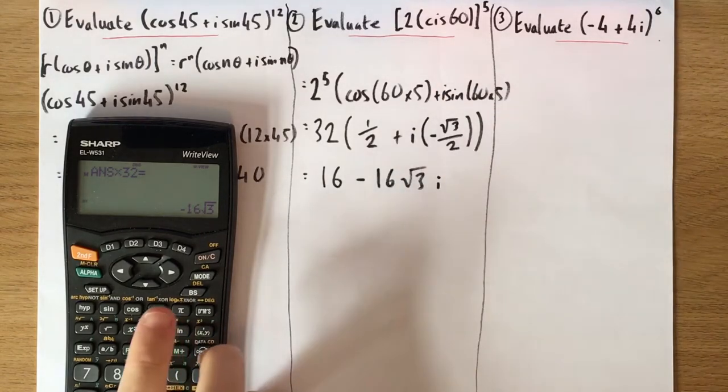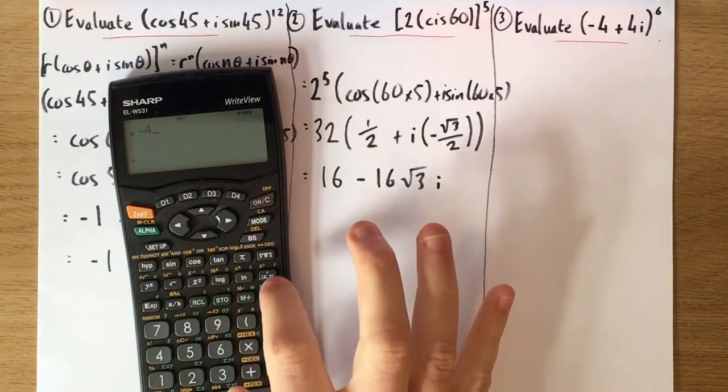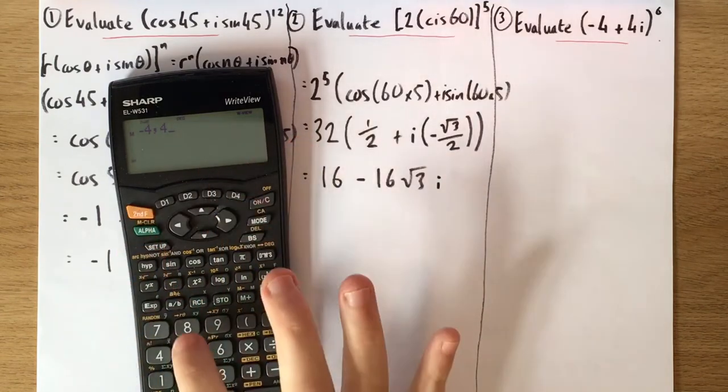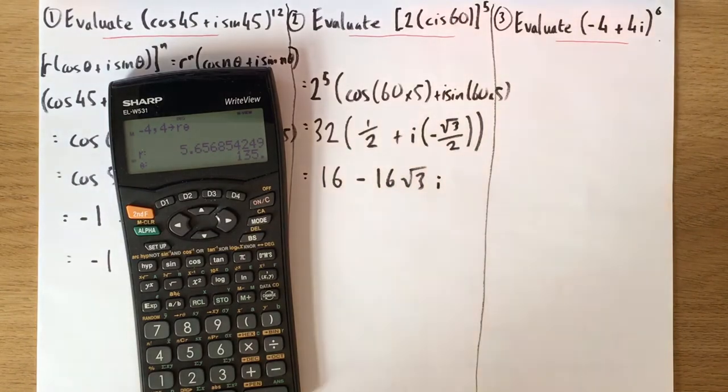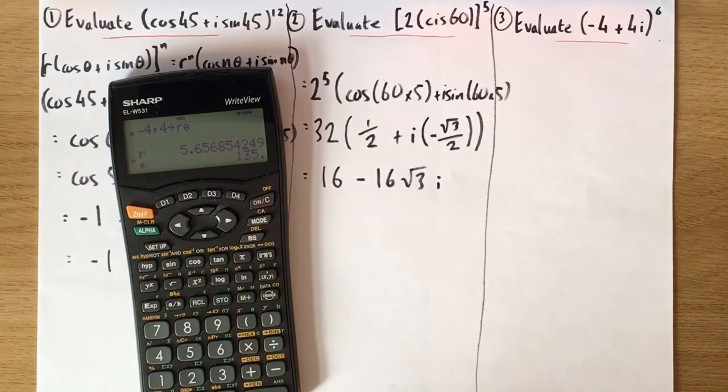I'm just going to do it on the calculator. -4 xy 4, second function 8, and I've got 5.65. So I'm going to need to do something with that modulus. It's not in the kind of surd form I want, it's in decimal form. My angle is fine. So I'm going to have something cis 135.